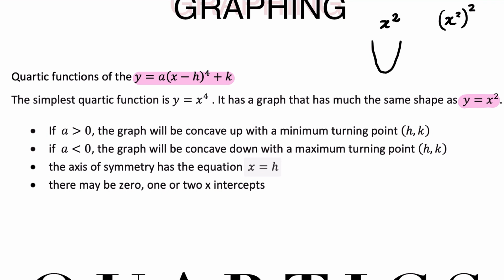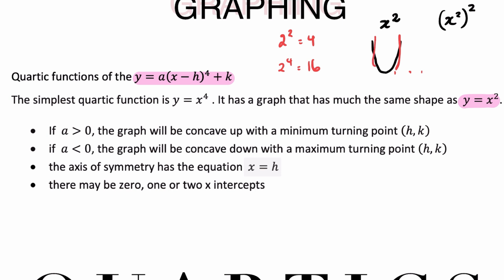So for numbers larger than 1, when you put that to a power, it grows even faster. Think of, for example, 2 to the power of 2 is 4, compared to 2 to the power of 4 is 16. So all of the numbers that are greater than 1 actually create a steeper arm.